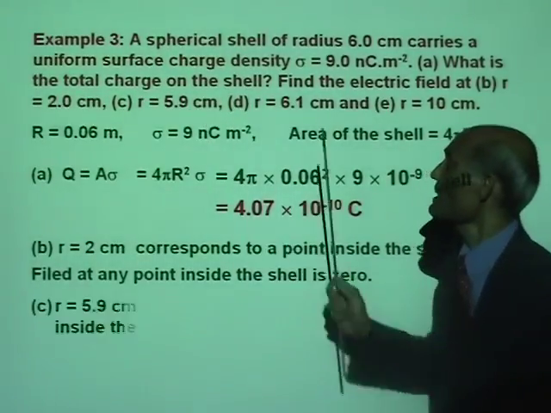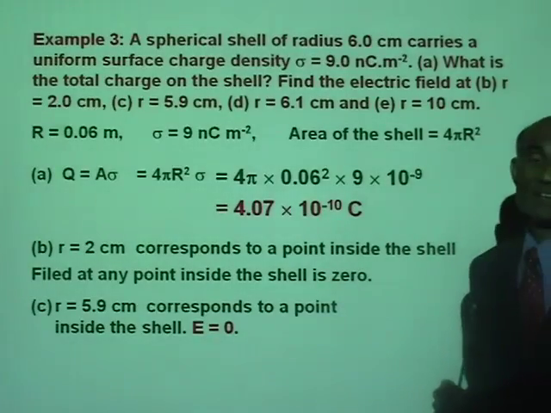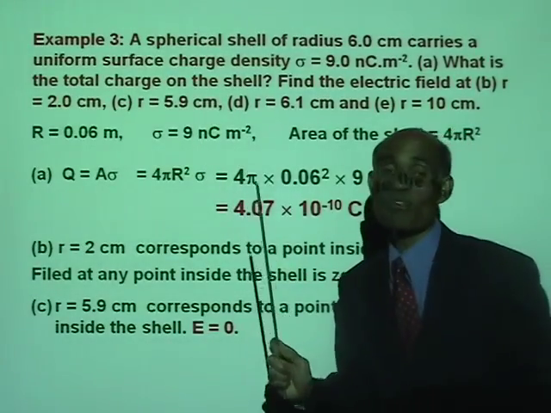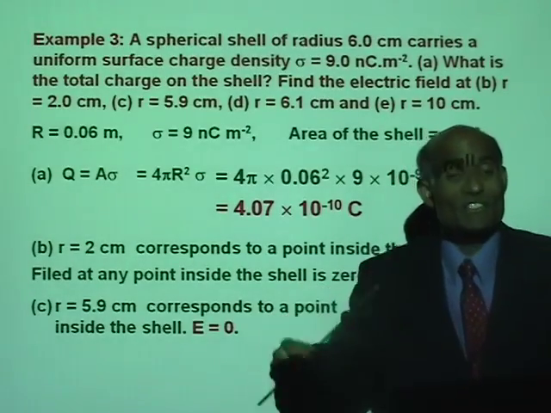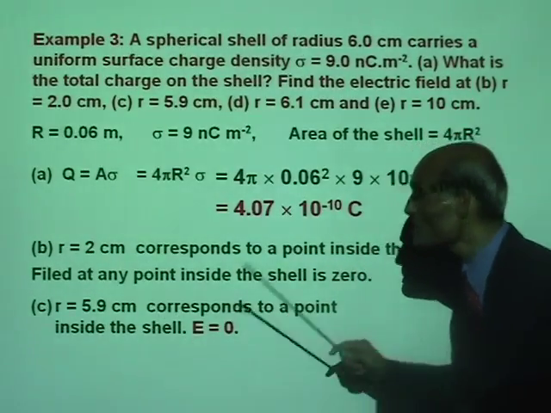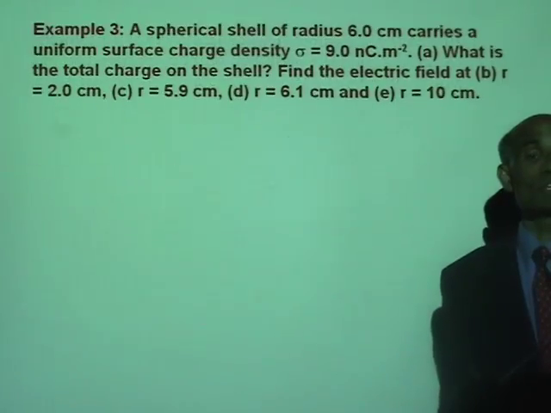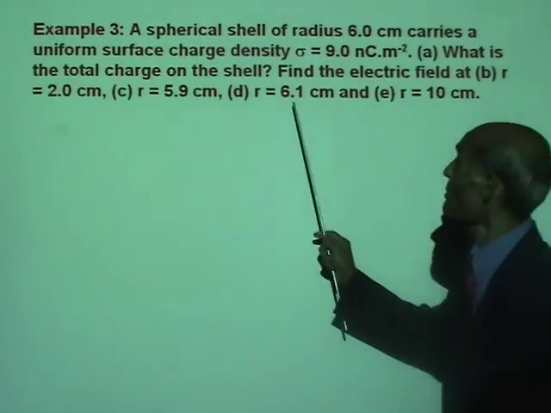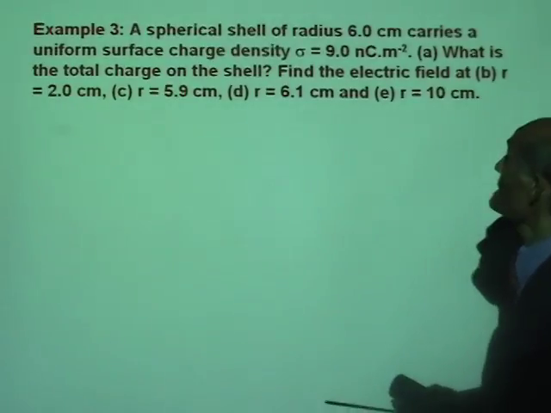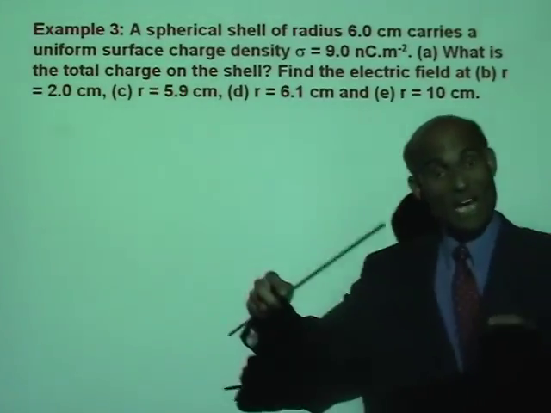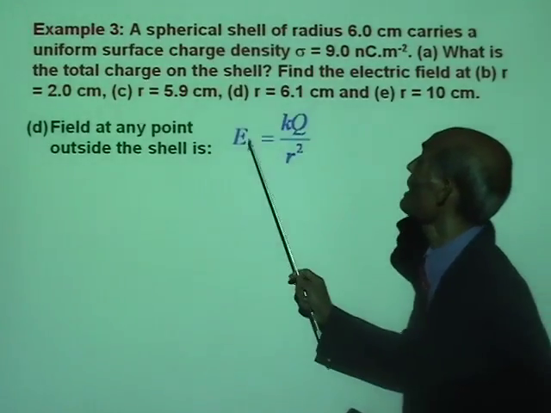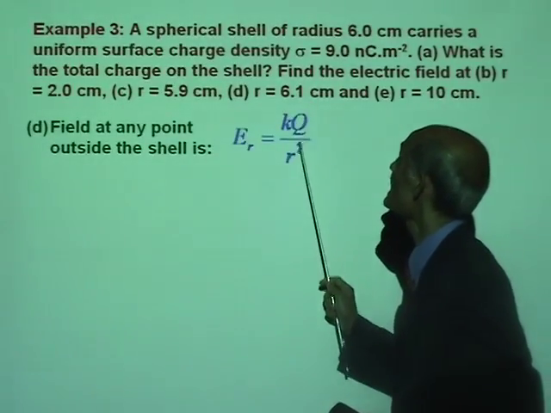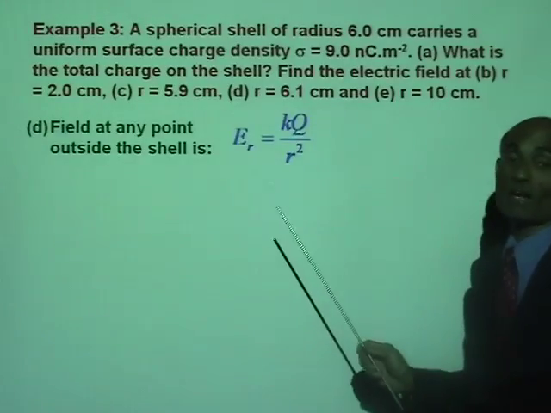How about the electric field at 5.9? A point 5.9 centimeter from the center also is inside the shell. The field at that point will be 0. How about 6.1 centimeter from the center? Well, that is now outside. So we will use the formula for the outside: E equal to kQ over r squared.